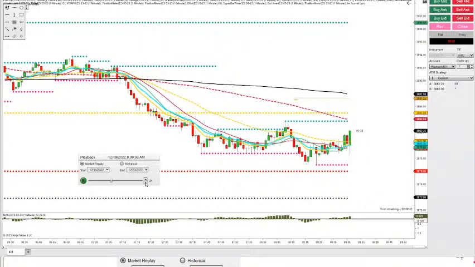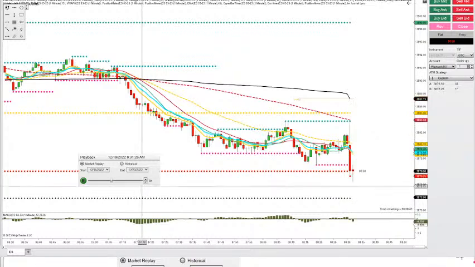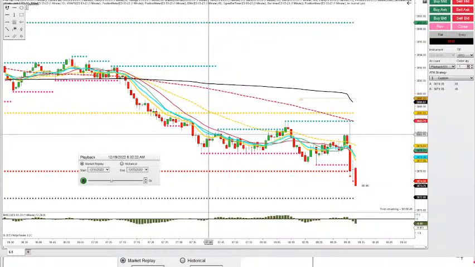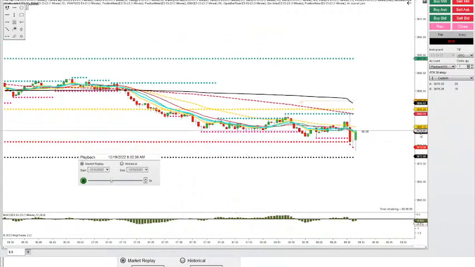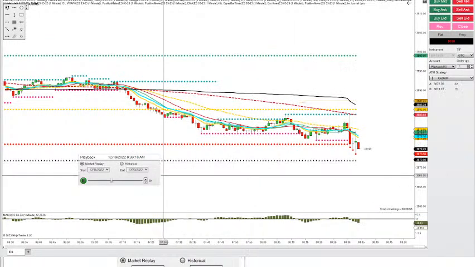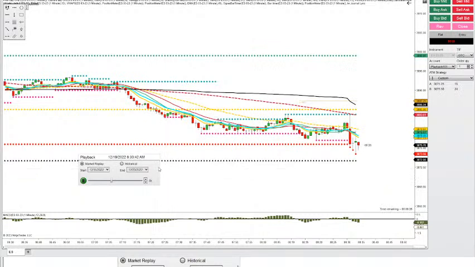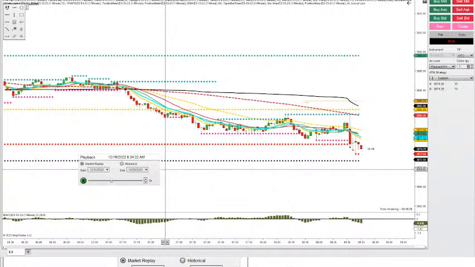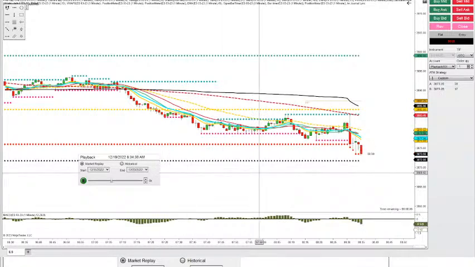All I'm trying to do now is just to get it at the right spot, because using this, it's hard to get it at the right spot. Looks like the market started off bearish that day, but we'll have to wait and see.